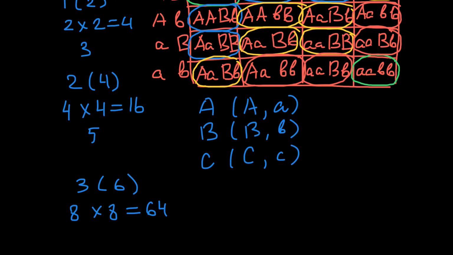But how many phenotypes are we going to have? Take a look at what the logic is going to be. With 6 alleles, the possible genotypes would be as follows. For example, the genotype of one parent can be capital A small a, capital B small b, and capital C small c.